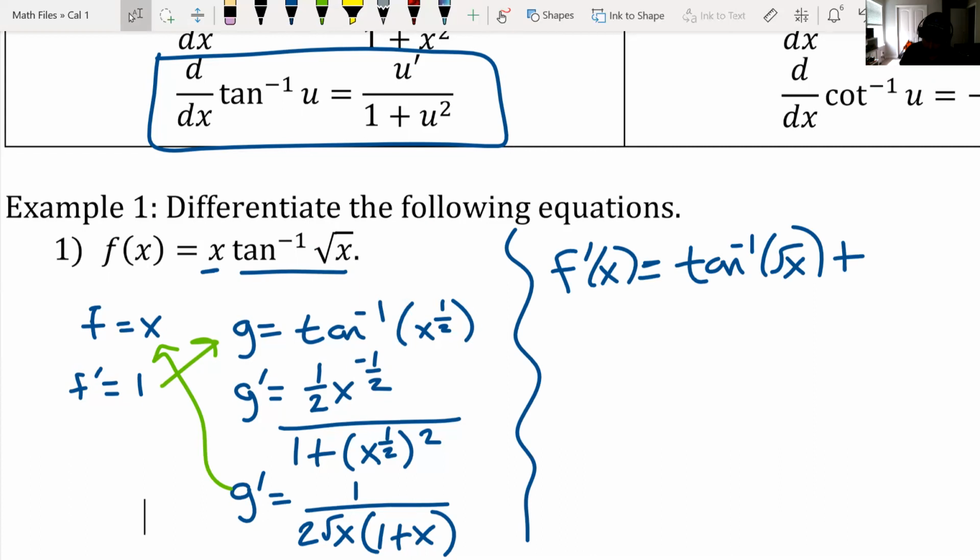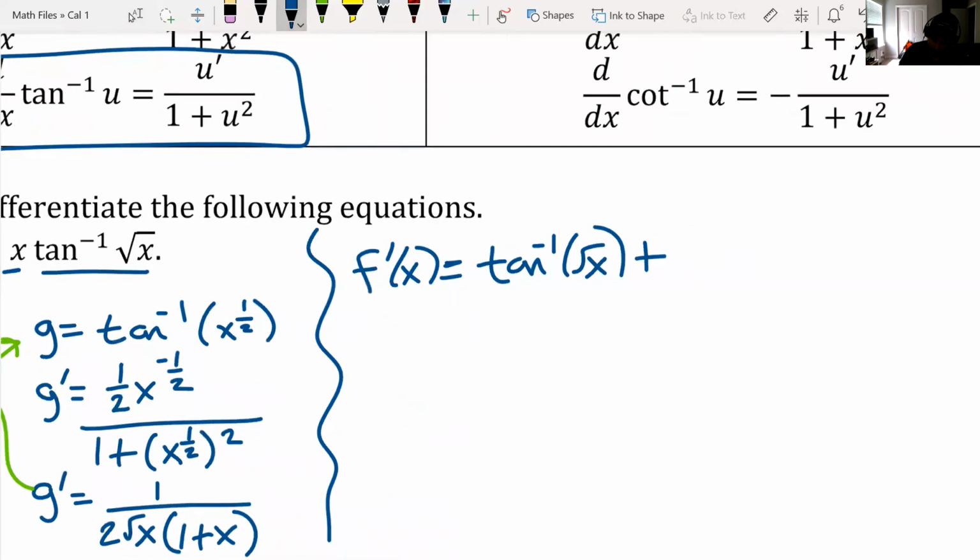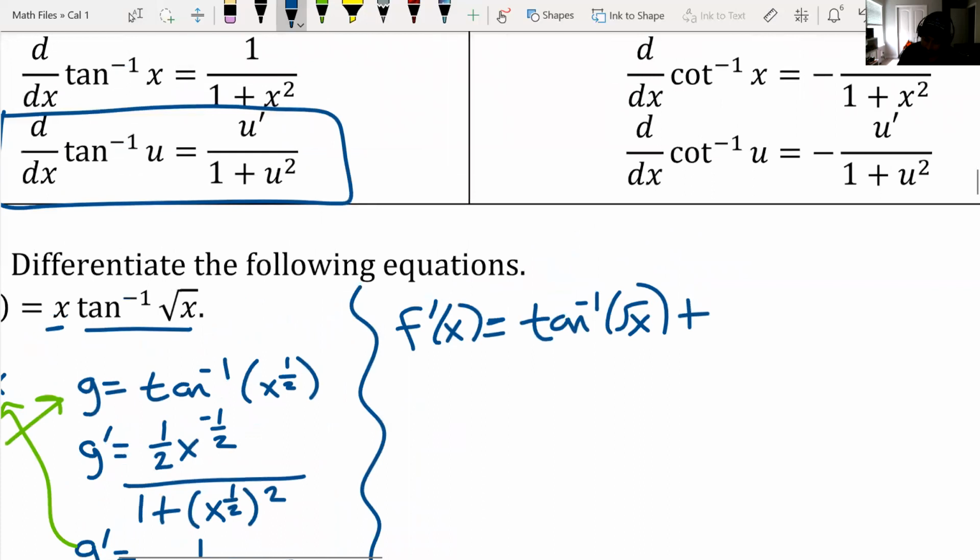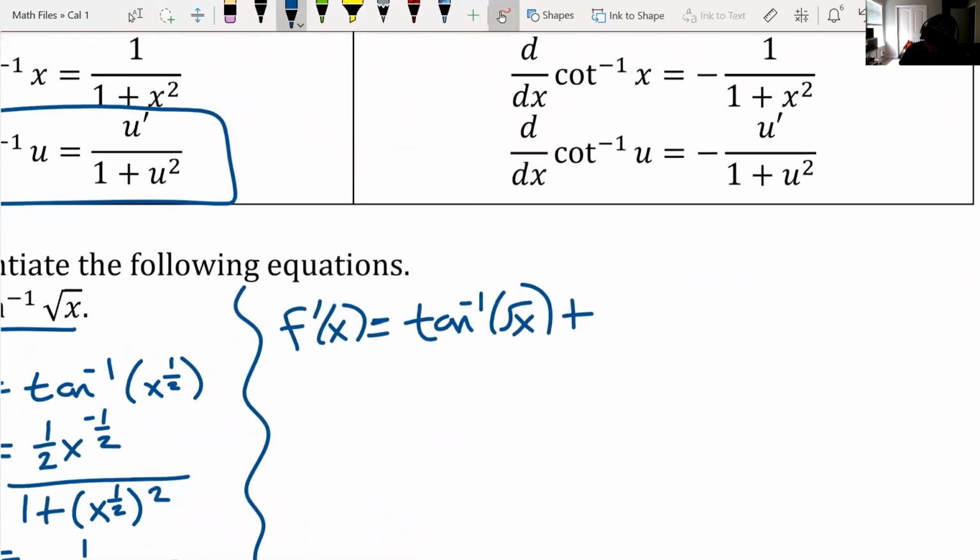So that's going to become x over 2 square root x times 1 plus x.